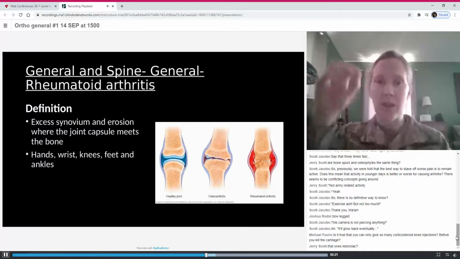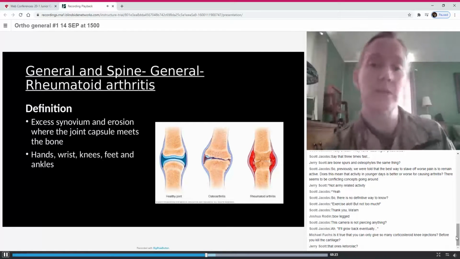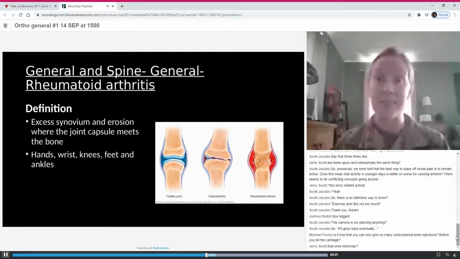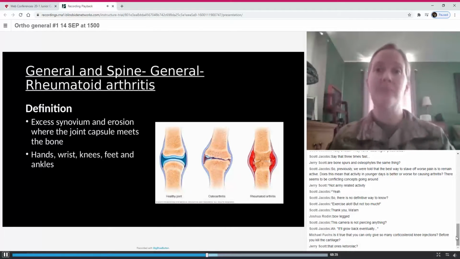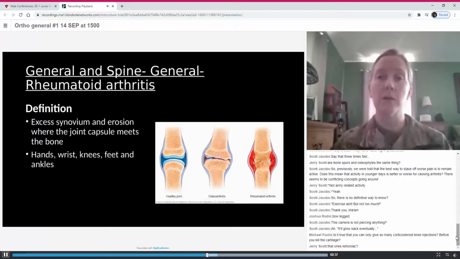So right at where the joint capsule meets the bone, they'll have a pretty typical erosion pattern. Some typical places for a patient to have rheumatoid arthritis: hands and wrist, unfortunately, knees, feet, and ankles are all additional places where they may get rheumatoid arthritis. But most of the people we know have hand problems.